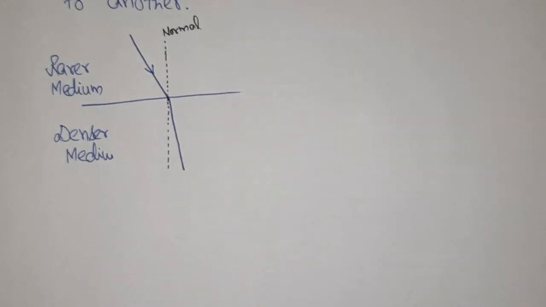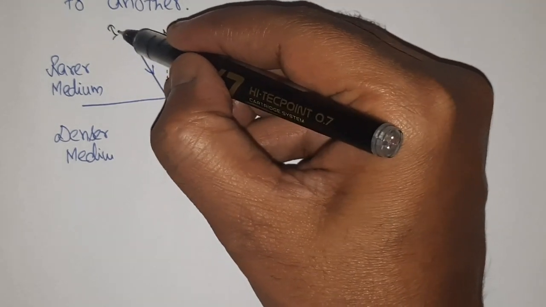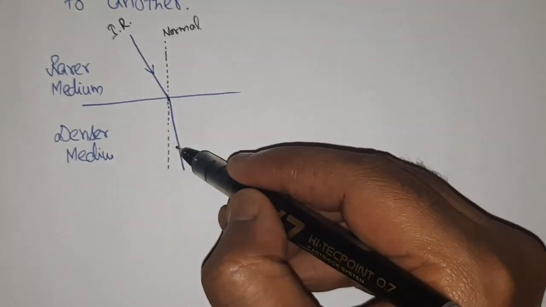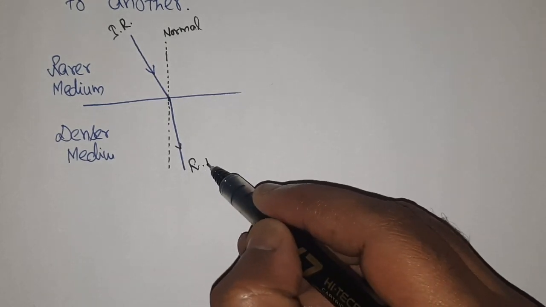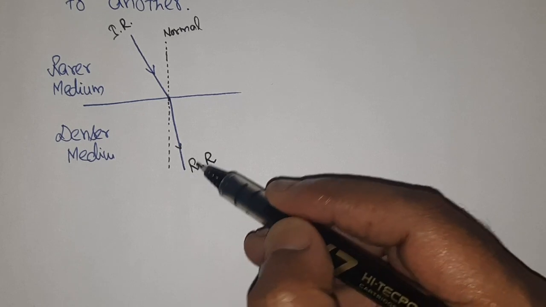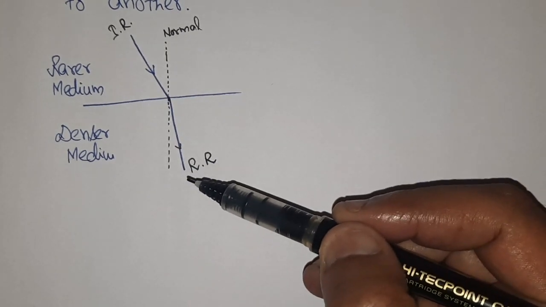And you used to say this particular ray as the incident ray, and this particular ray as the refracted ray. Refracted means it has undergone refraction. Fine.